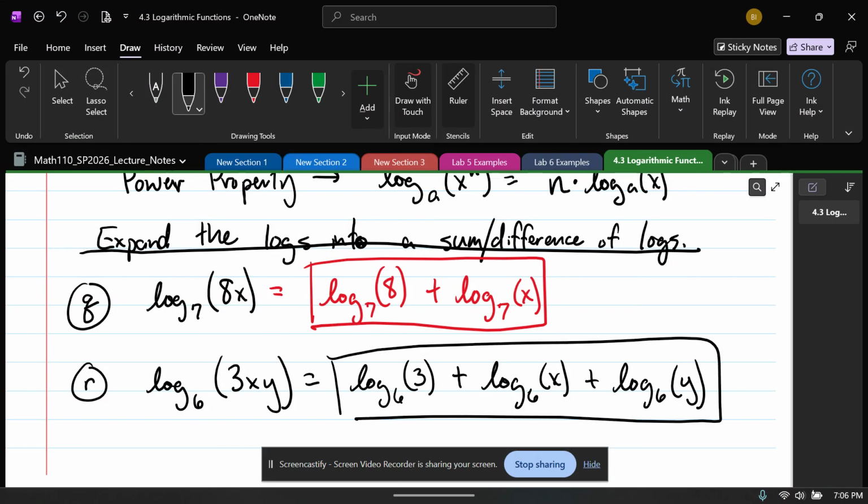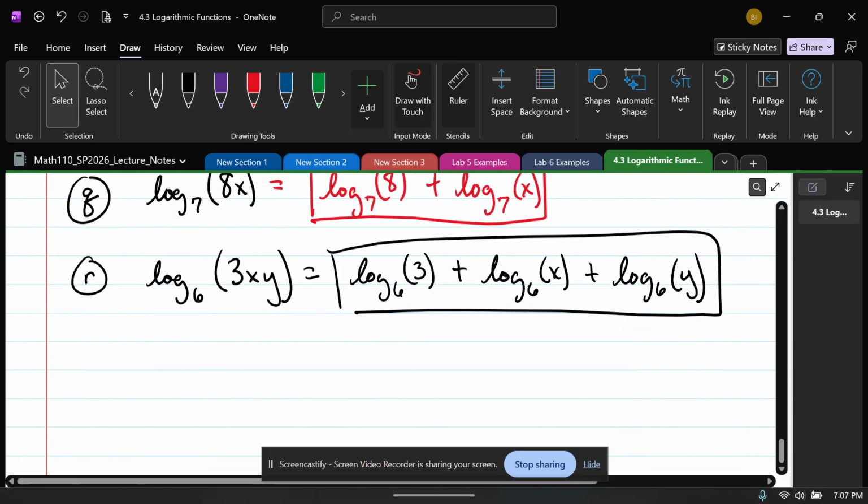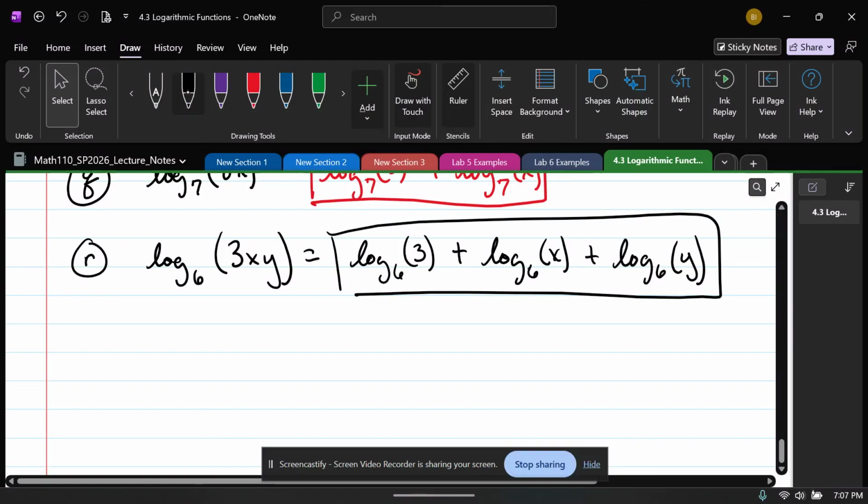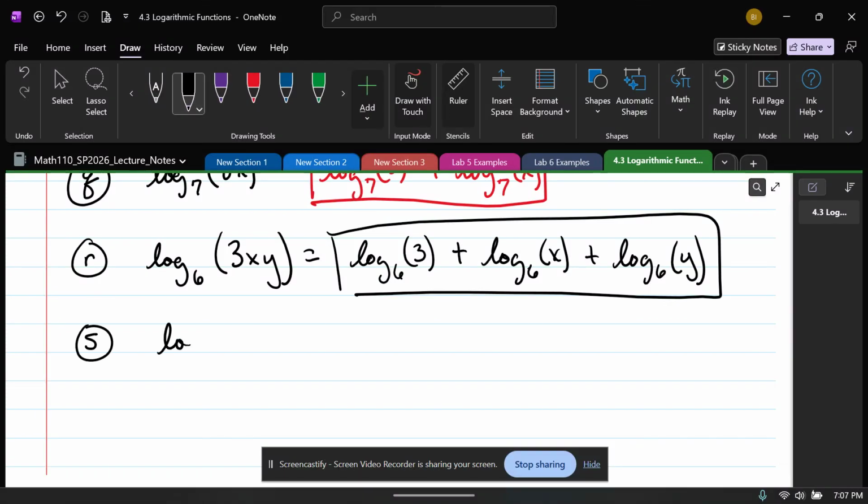And we have expanded that logarithm. Okay. Using the product property. Okay.